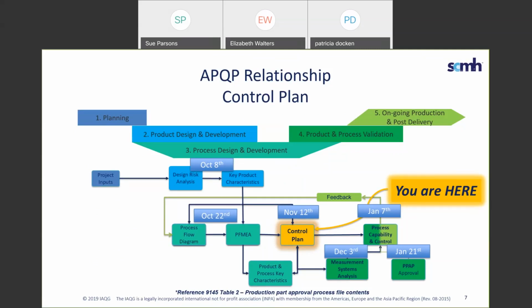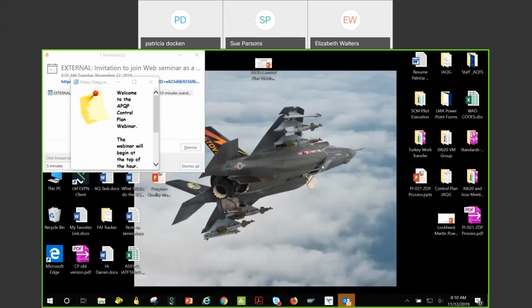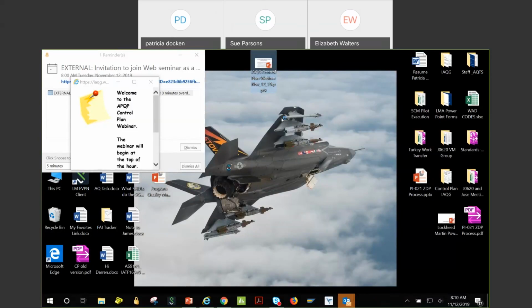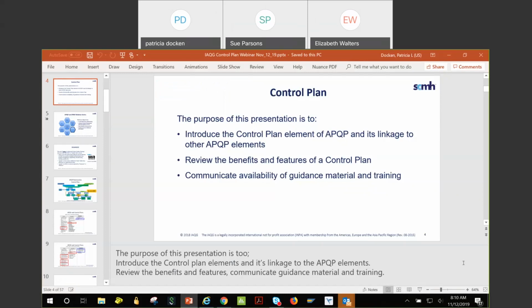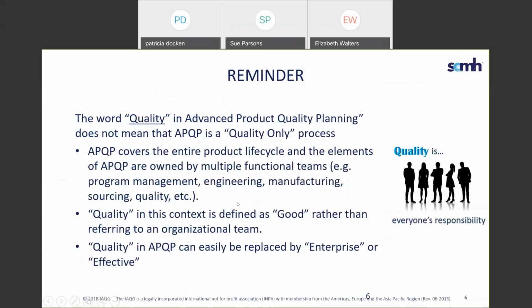Yep, stand by. Or maybe not. Let's see. Here, I got it. Here we go. Can you see my screen? Yes, we can. Yeah, excellent. Thank you. We have some difficulty this morning.